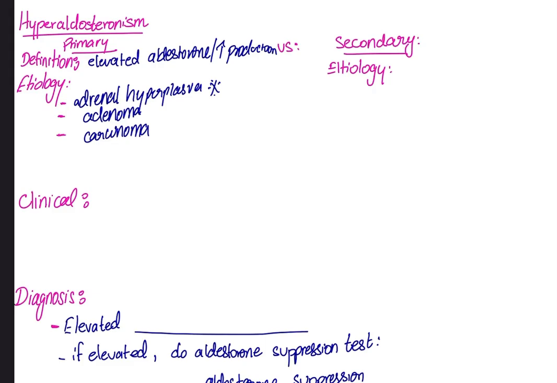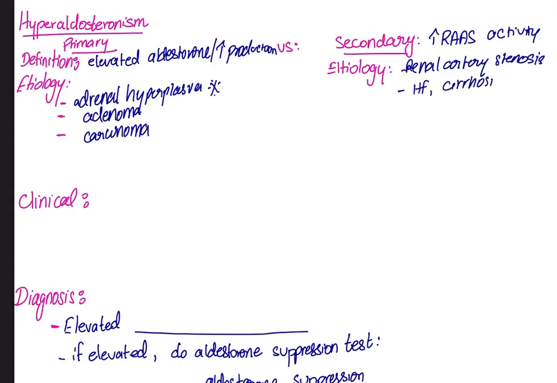So secondary can be due to like increased RAS activity. So etiology for that can be renal artery stenosis, or it could be heart failure, cirrhosis, or nephrotic syndrome.